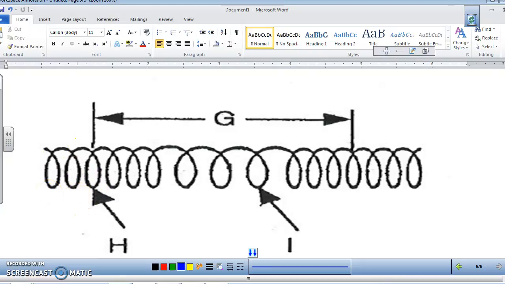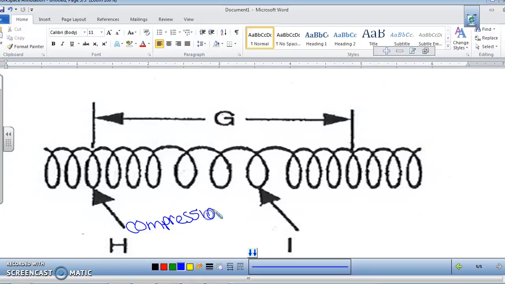What they're trying to show you here is in some parts of the longitudinal wave, you have these pieces that are super close together. If something's really close together, that means it has more energy there. Whereas when it's more spread apart, it means there's not as much energy there. So this part where there's lots of coils all together means there's lots of energy, and that word is compression.